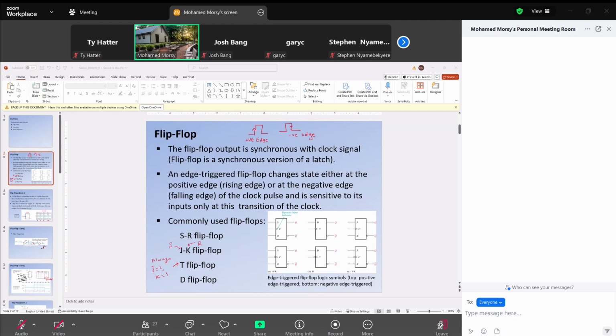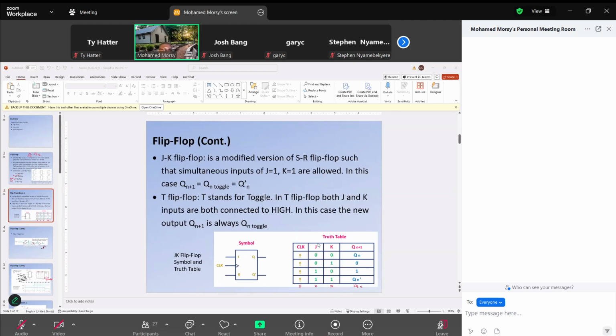What's your code, please? 7. Thank you. Yeah, we mentioned JK flip-flop is the same as SR flip-flop, except one thing.